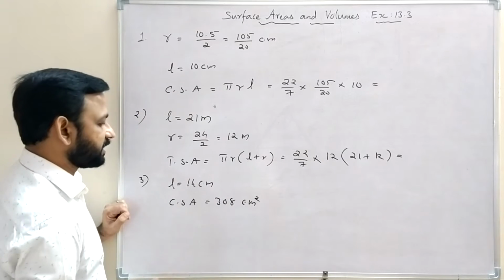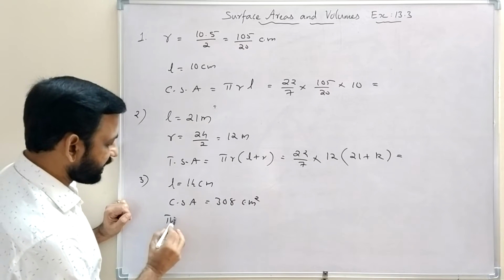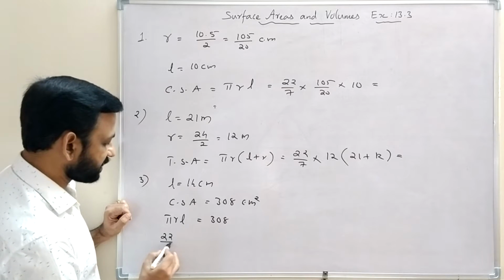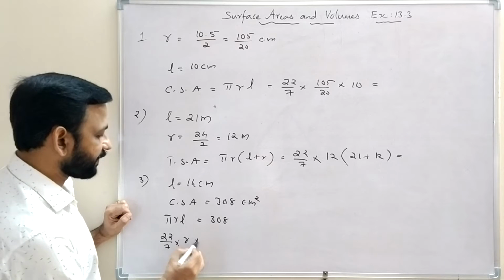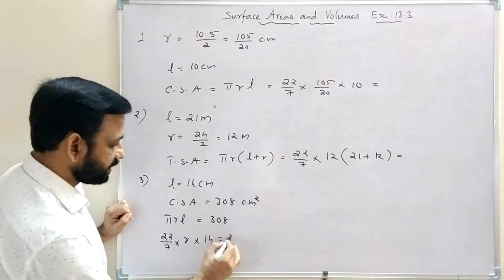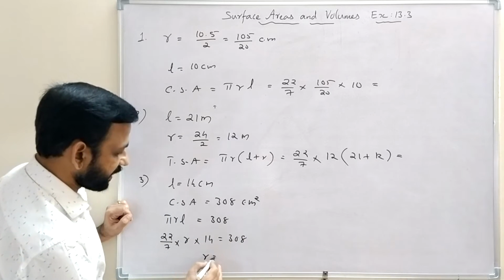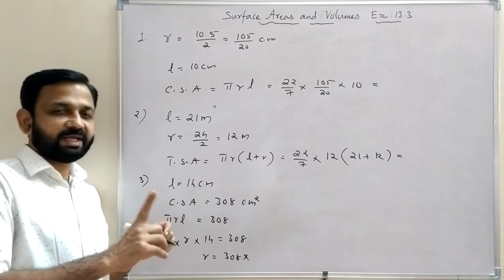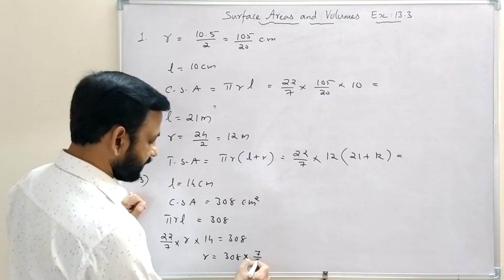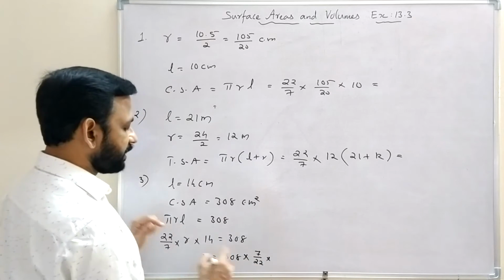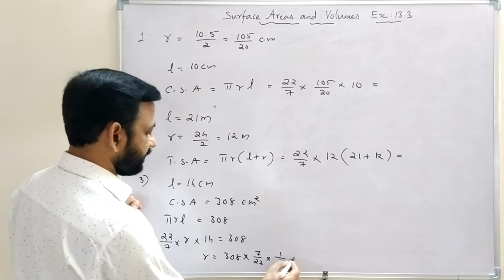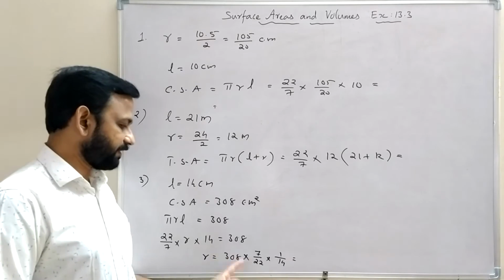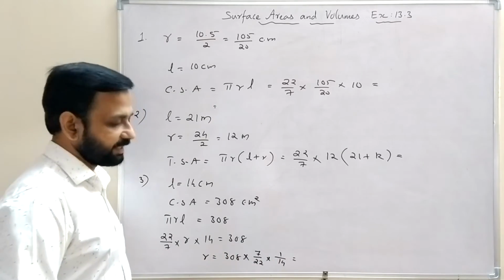Curved surface area is given, that is pi RL, that is the formula, 308. So pi is 22 by 7 and the radius we need to find, slant height given 14. Therefore radius is equal to 308 into 7 by 22 into 1 by 14. So when we simplify and cancel, we will get the radius of this cone.